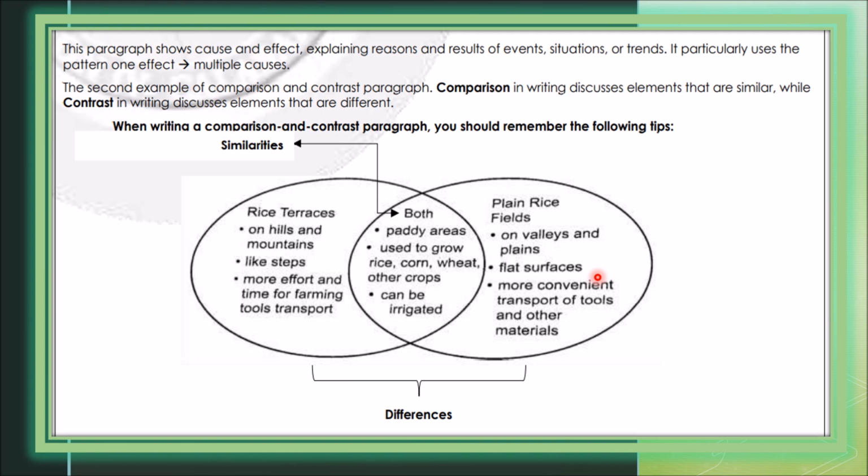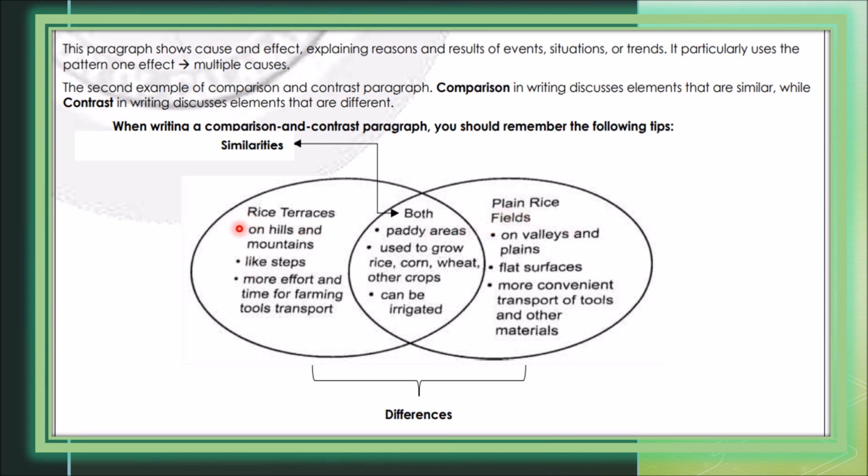Okay, there are similarities. What you can see in here. Let us read: both paddy areas used to grow rice, corn, wheat, other crops can be irrigated. How about their differences? For rice terraces and plain rice fields.